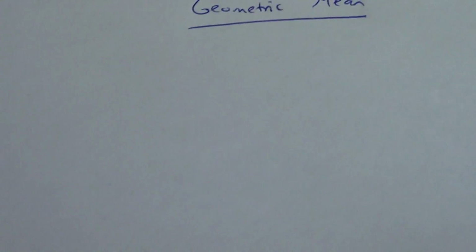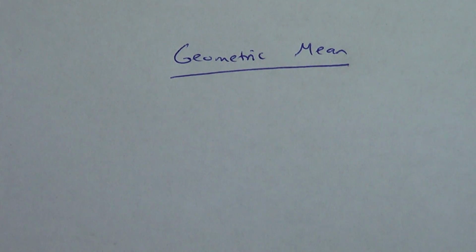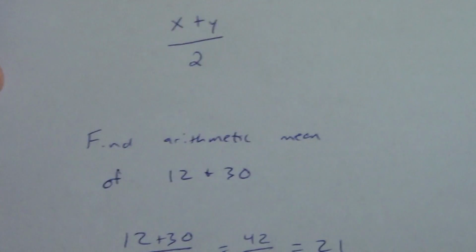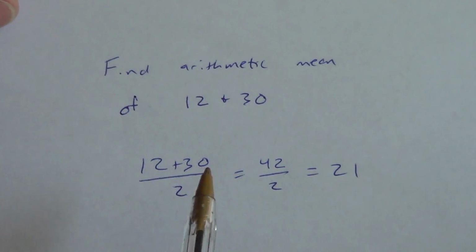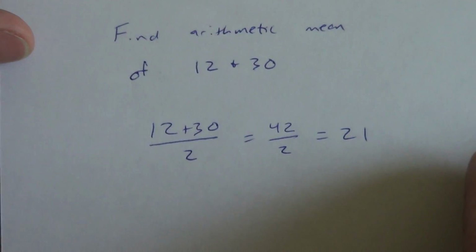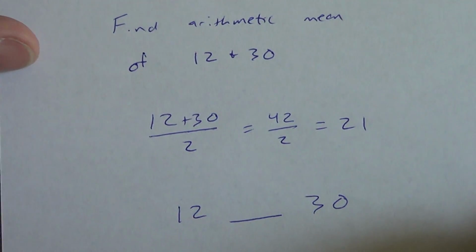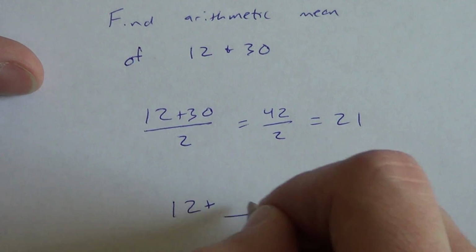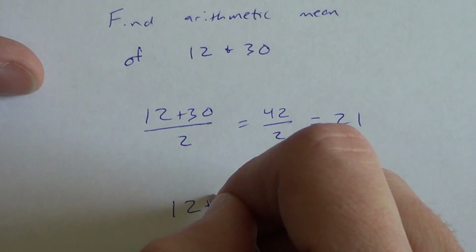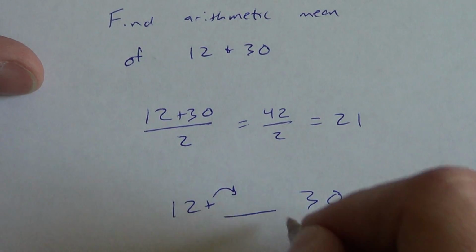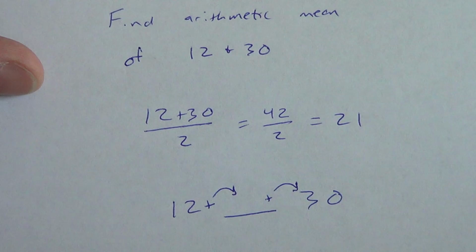All right. Geometric mean is a little bit different. Okay, geometric mean, instead of this concept of adding, now let me go back and explain to you something real quick. The arithmetic mean of 12 and 30 is basically like saying, hey, I have 12, I have a gap, and then I have 30. And I'm going to add something, and it's going to equal this number. And then I'm going to add something that's going to equal that number.